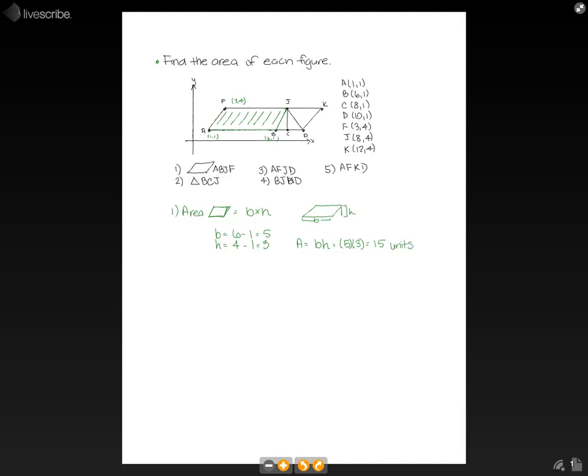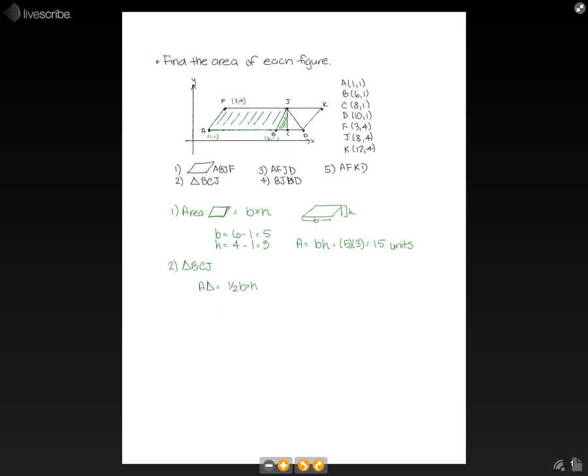2. We're asked to find the area of the triangle BCJ, which is going to be this triangle here. Remember that the area of the triangle equals 1/2 the base times the height.